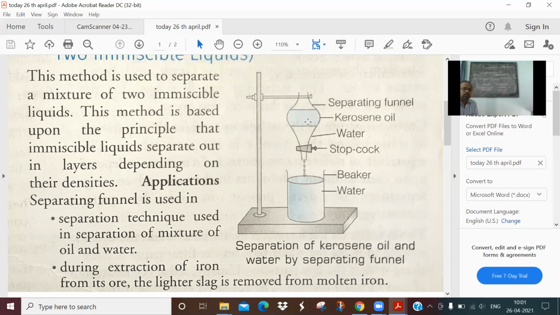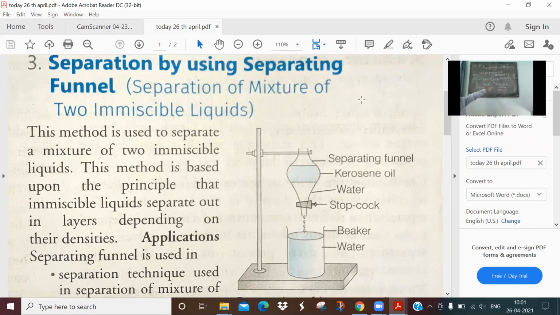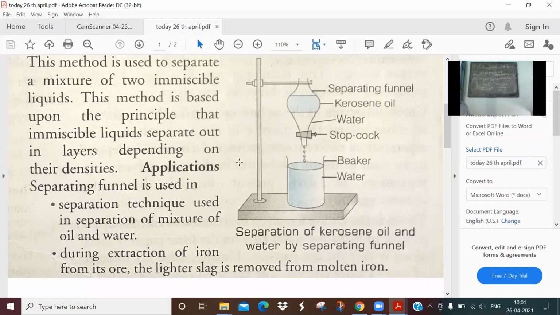So this method is used for separating immiscible liquids. Immiscible means insoluble liquids. This is specially used for insoluble liquids only. There are some examples given. The separating funnel technique is used for the separation of oil and water.